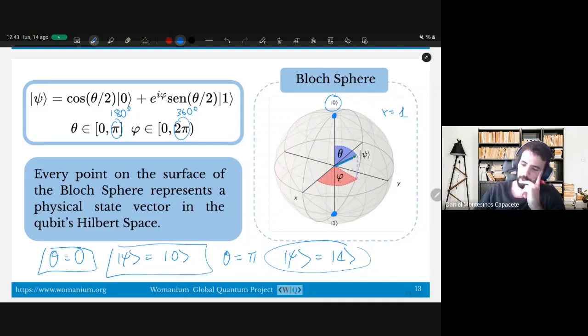I mean, if your state is at the top here, the orthogonal state is going to be down here. If you have another state here that we are now going to see, your orthogonal state will be this point here, and that will be true for every point on the sphere. So that's what I was trying to say.